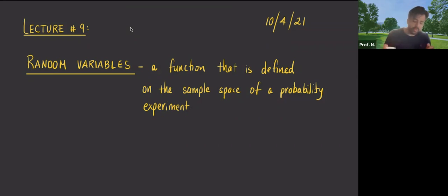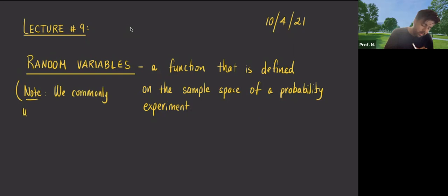Now, normally we denote random variables with uppercase letters. So note, we commonly use uppercase letters such as X. I'm using an uppercase X, not a lowercase x.